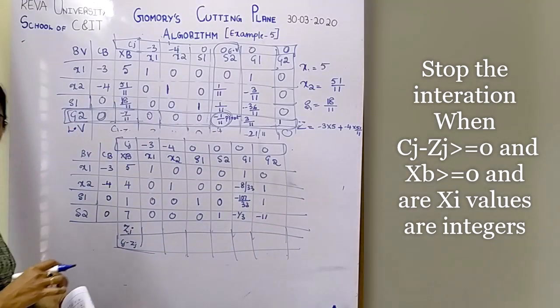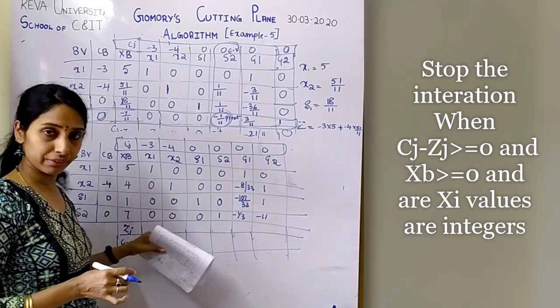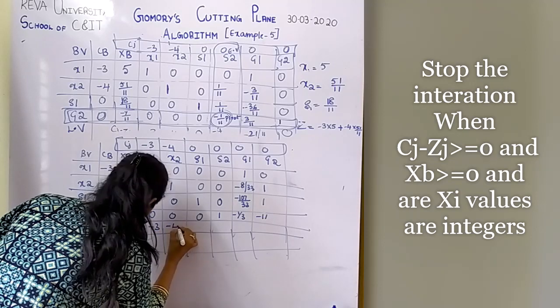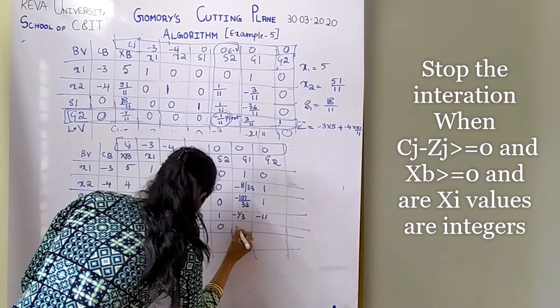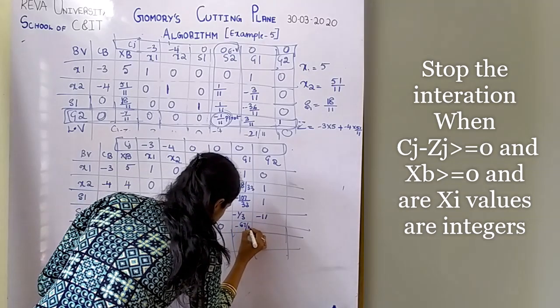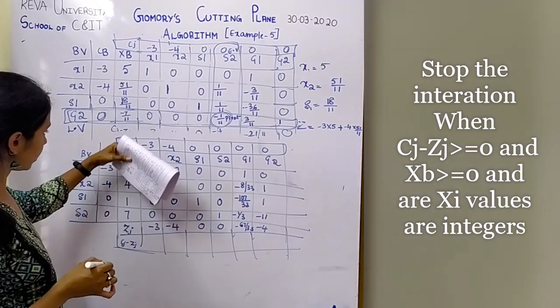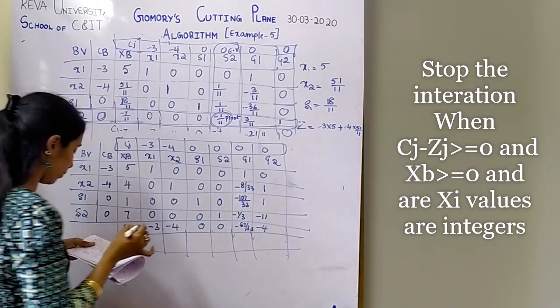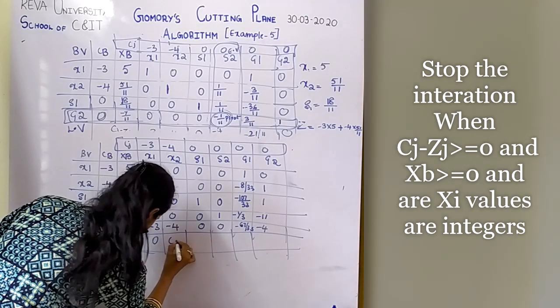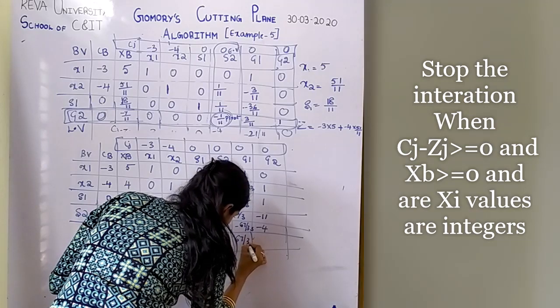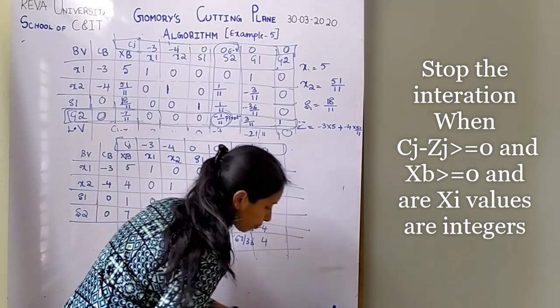Next, find out the Zj value. Zj value you will get minus 3, minus 4, 0, 0, minus 67 by 33, minus 4. Find out the Cj minus Zj value. You will get 0, 0, 0, 0, 67 by 33, 4.